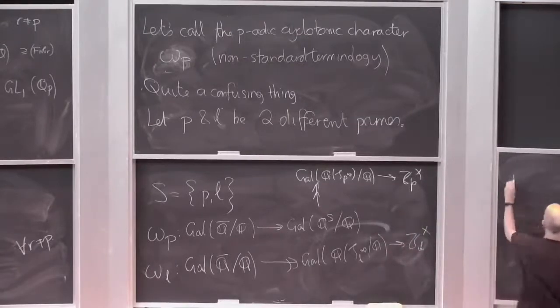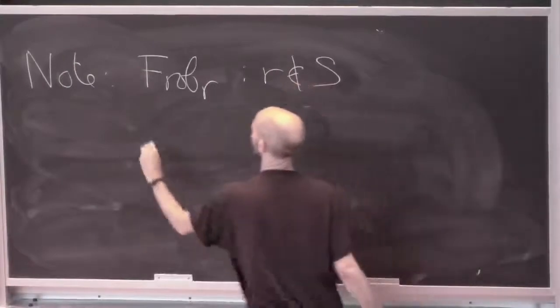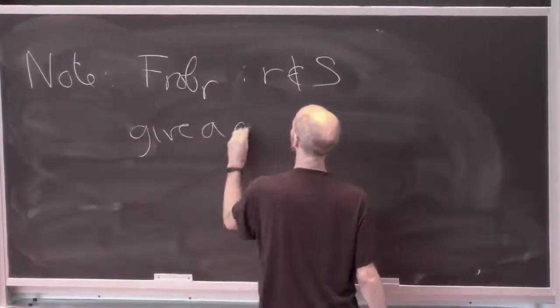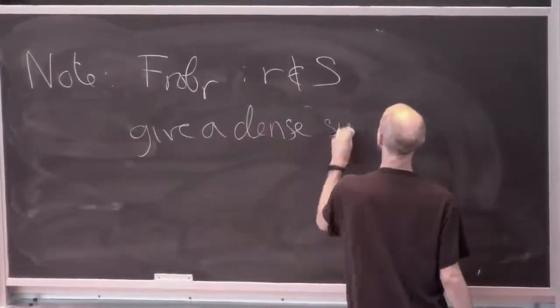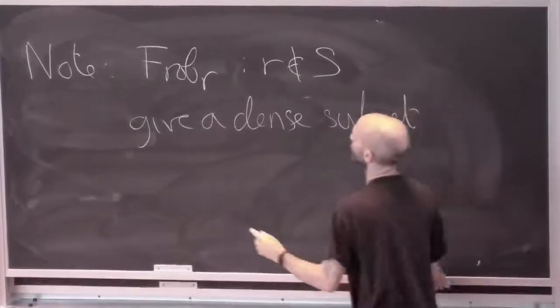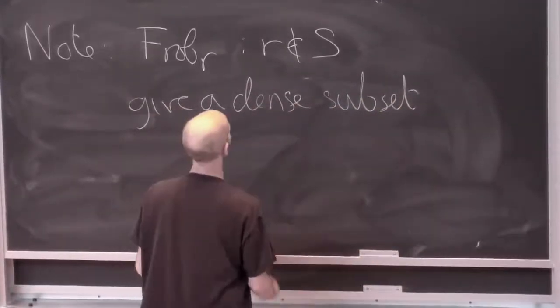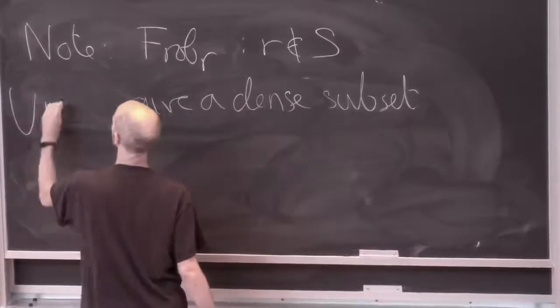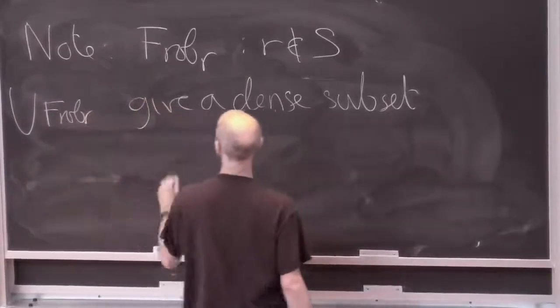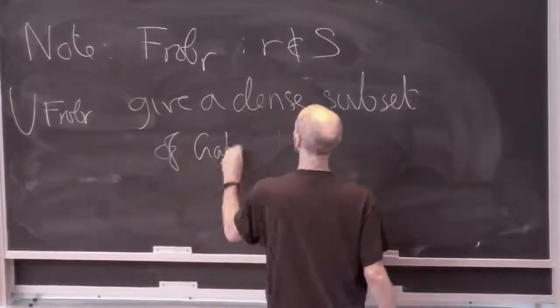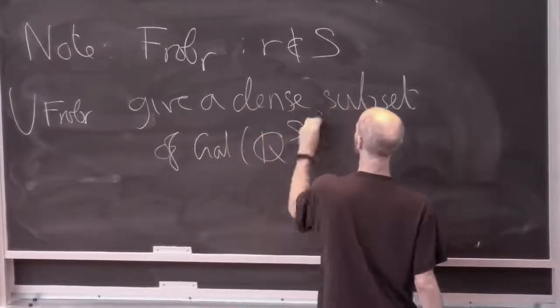So note that these Frob R, for R not in S, give a dense subset. The union of these Frob R's gives a dense subset of Gal Q_S over Q.